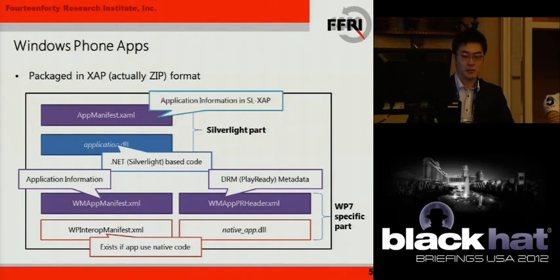It's similar to Android's manifest.xml and declares app metadata such as ID and version information and capability information I describe later. This is the end for normal applications, but some privileged applications have native code, which is interesting. Those application packages have a native code DLL and wp-manifest.xml, which indicates the existence of native code.